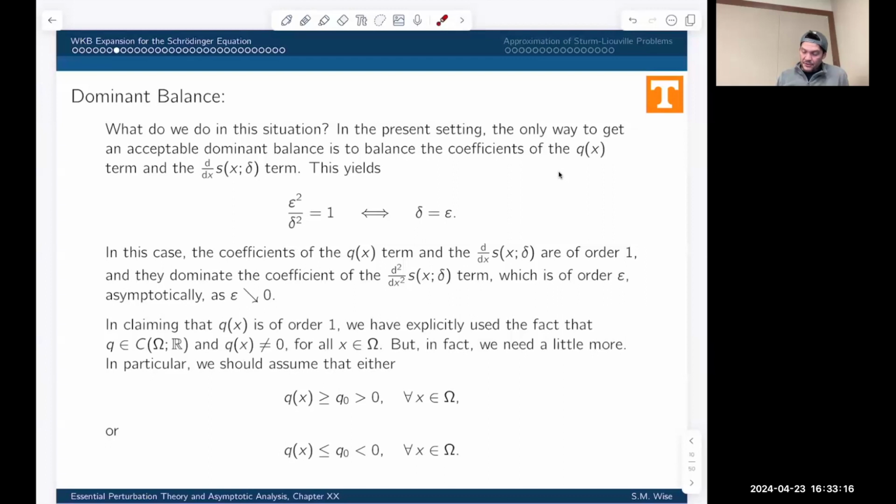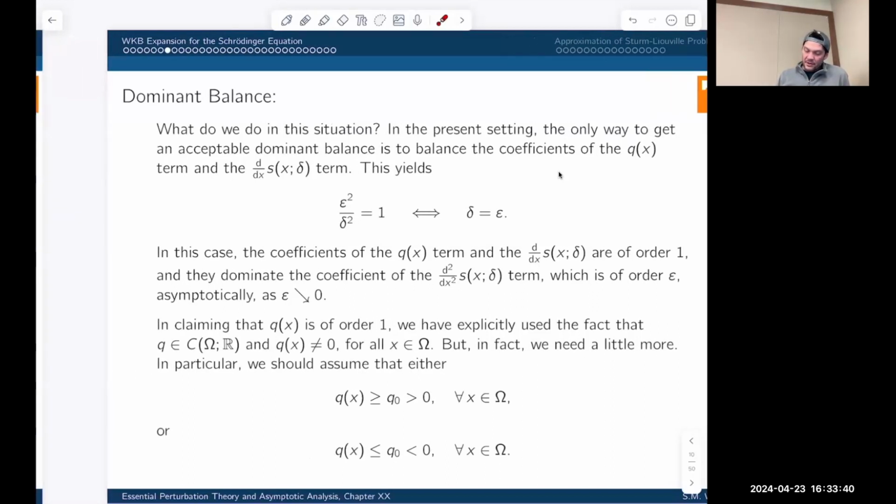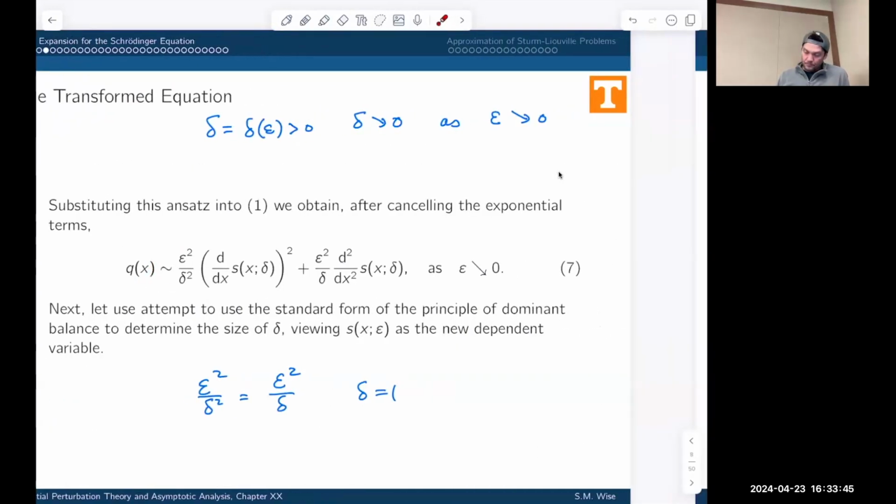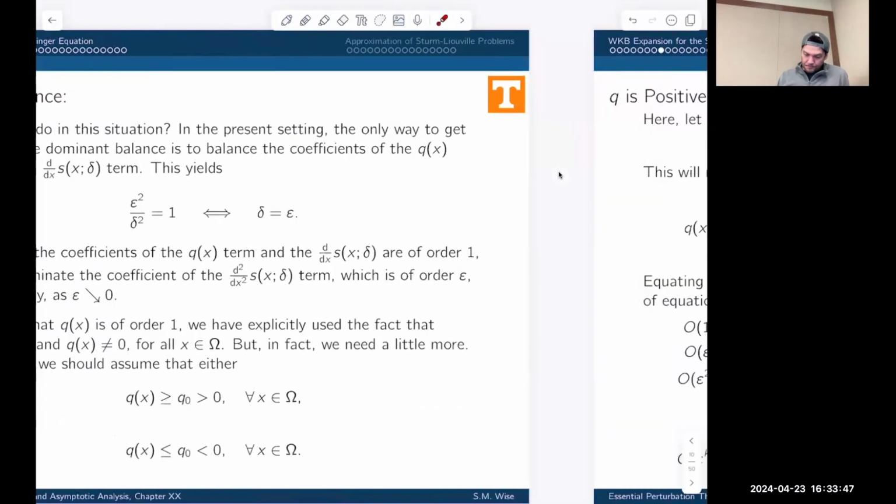What we really need to assume to get an order 1 term there is to assume that Q of x is greater than Q naught for some constant Q naught, or that Q of x is less than Q naught, where Q naught is strictly less than 0. So it's well bounded away from 0 in either case. This is what we need in order to assume that this whole term is really order 1. So that's just a caveat.